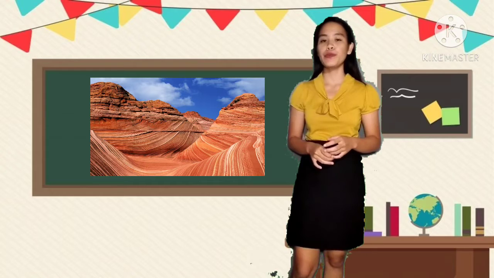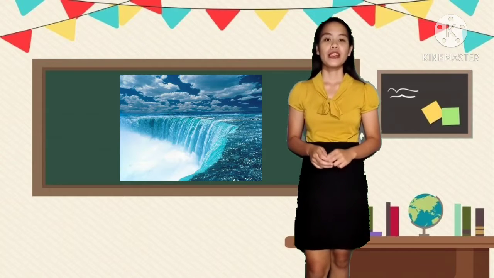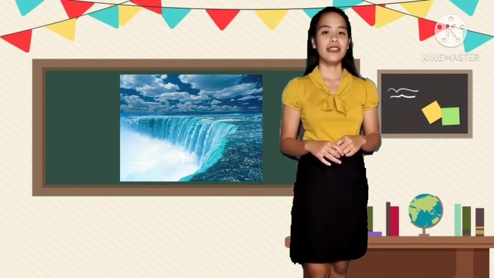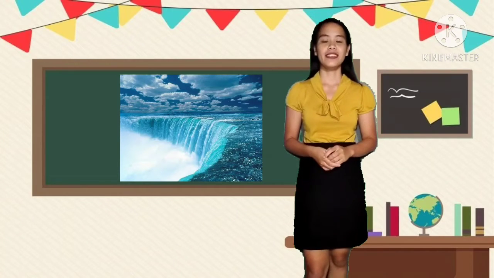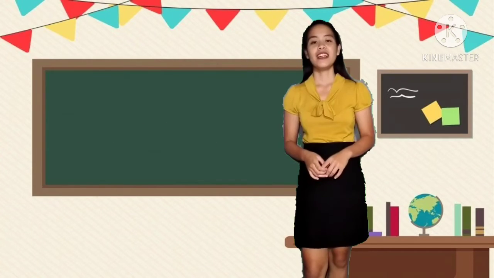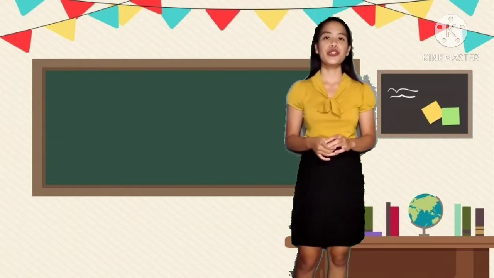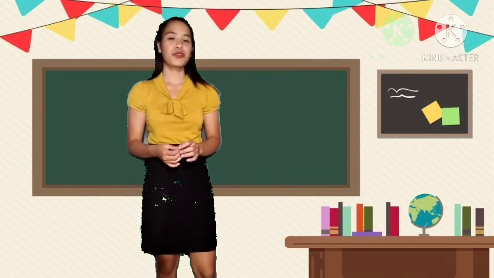Now we will proceed to group 3. So very good, group 3. You have done nicely. And now we will proceed to group 4. So very good, group 4. I hope you will continue your nice work. Please give a clap for yourselves.